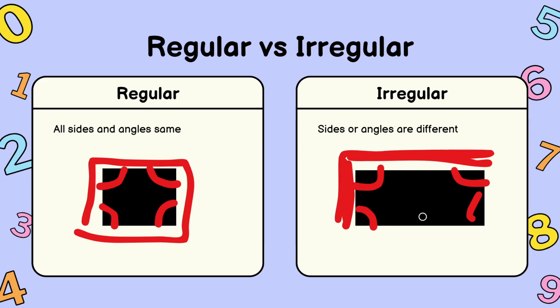Therefore, we say this is an irregular polygon. So, for a regular polygon, all of the sides are equal, all of the angles are equal. Understanding these differences helps us to recognize and appreciate the symmetry and balance in regular polygons, and the variety and uniqueness in irregular polygons.